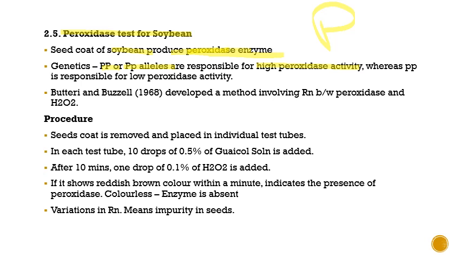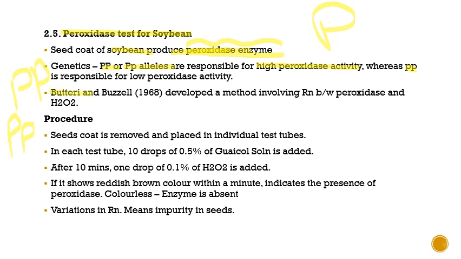So a cultivar or genotype of soybean with a homozygous dominant, capital P, or a heterozygous combination, capital P small p, can produce high peroxidase activity, whereas the homozygous recessive small p is responsible for low peroxidase activity. So this is the genetics behind the peroxidase enzyme produced in the seed coat of soybean.